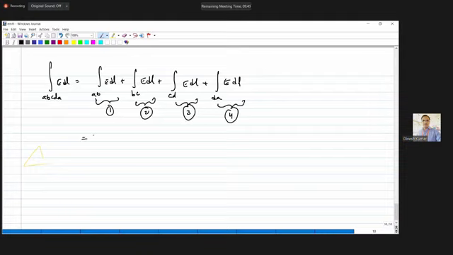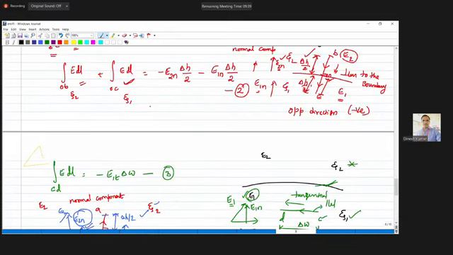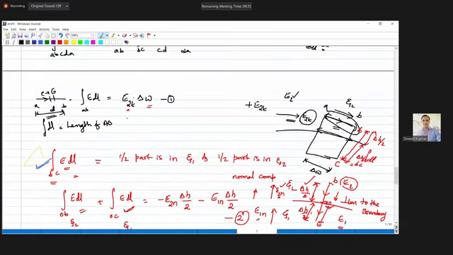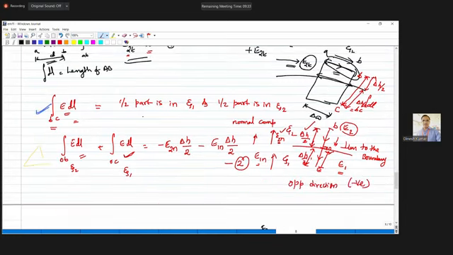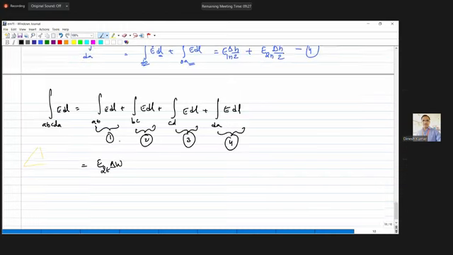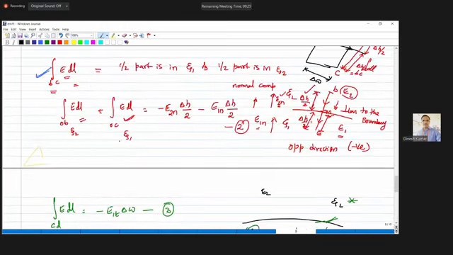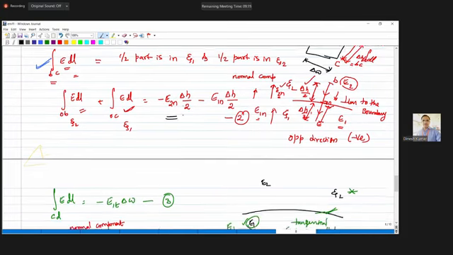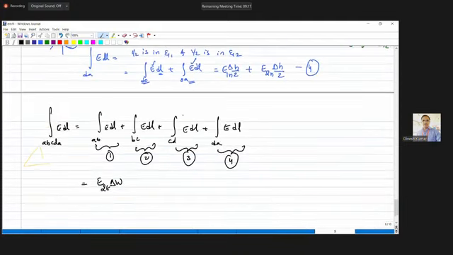So what is equation 1? Equation 1 is E2t delta W. And what is our equation 2? Equation 2 is E2n delta H by 2 minus E1n delta H by 2, so minus E1n delta H by 2 minus E2n delta H by 2.